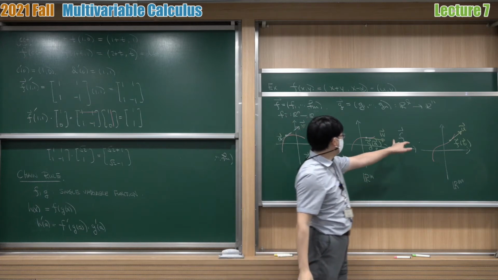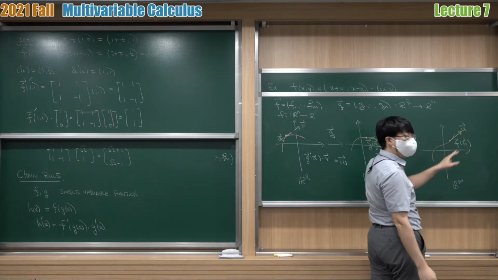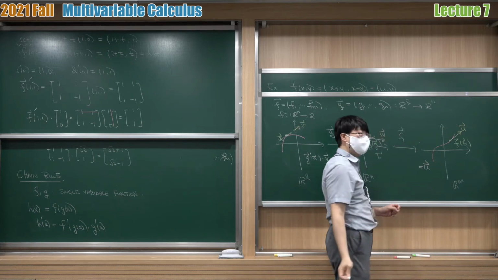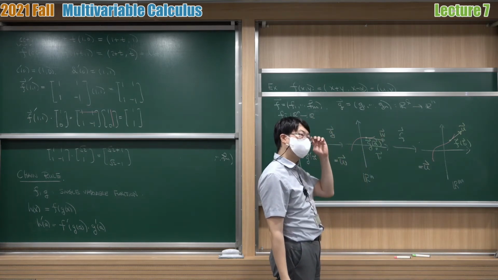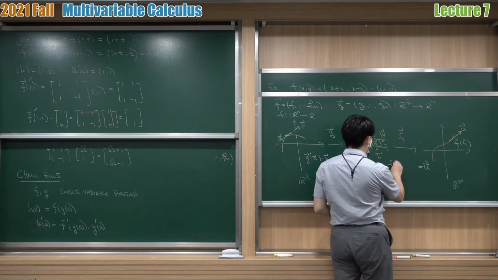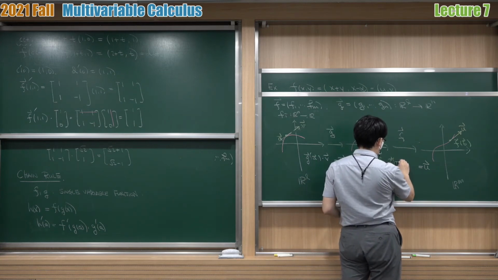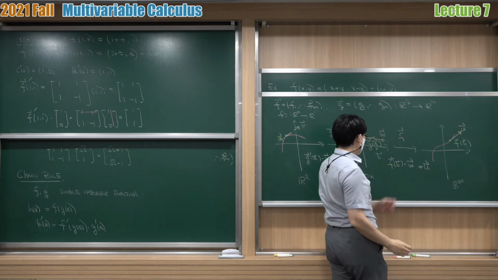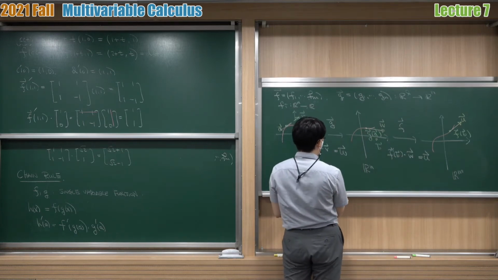How about the relation between w and u? u equals f prime B times w, right? Now let's combine these together.